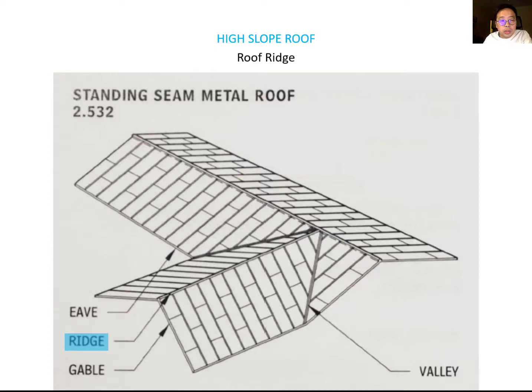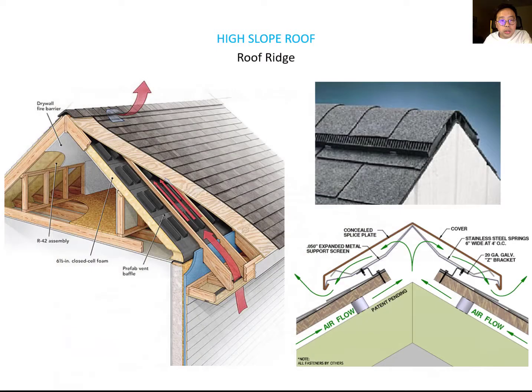You can also see the ridge here. I think you will understand better from here. The ridge also has a little gap, and you can see some venting here. This means the air flows from the eave and through the roof assemblage, and then gets out of the roof ridge system. So this keeps ventilating the air.